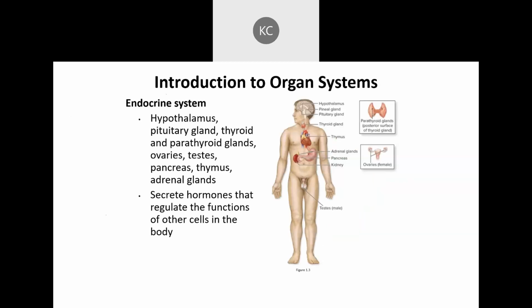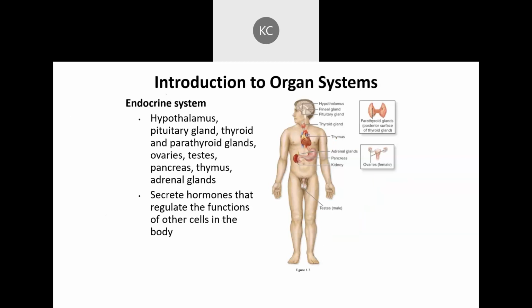Okay. So now for A&P 2 systems, you're going to talk about the endocrine system, which is your first lecture in A&P 2. That involves the use of hormones. Now, the endocrine system and the nervous system are very closely related in the sense that they both exert an effect over our body tissues and different functions, but they do so in a little bit different way.